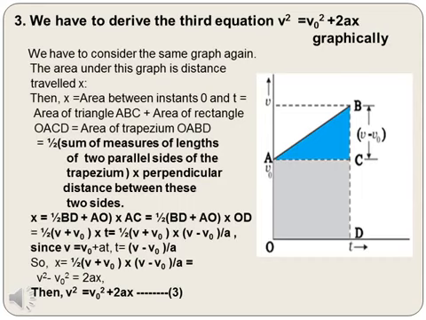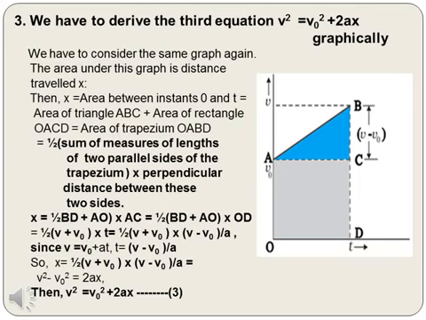Which is equal to 1 by 2 into (BD plus AO) into OD, which is equal to 1 by 2 into (v plus v0) into t, which is equal to 1 by 2 into (v plus v0) into (v minus v0) divided by a.